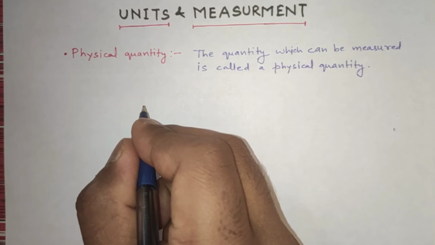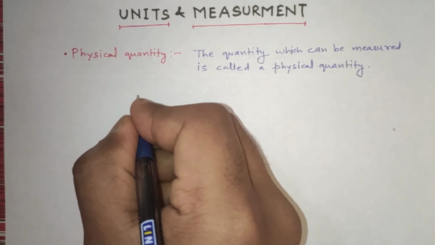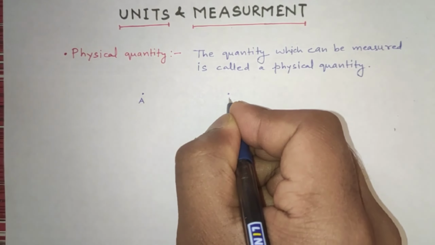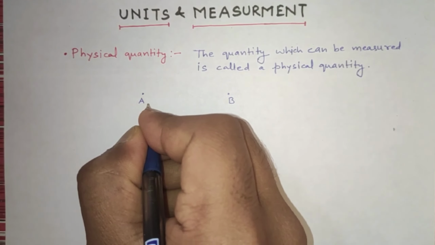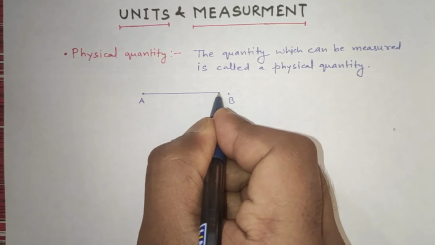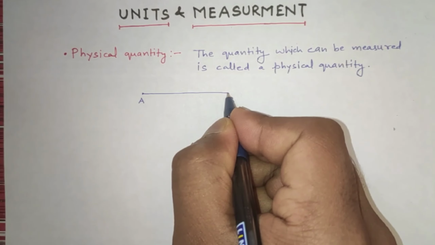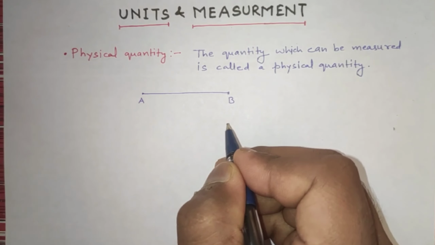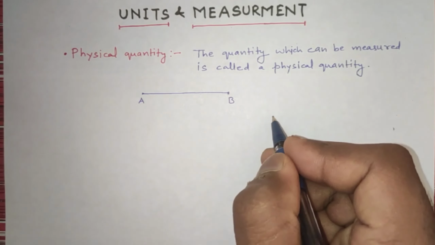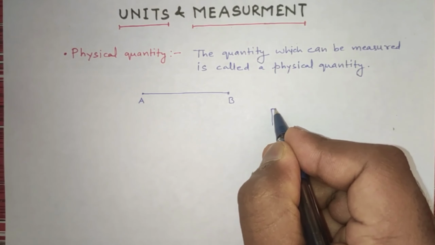Let us take the example of length. We consider 2 points A and B, and now we are going to find the length of the line AB. So how can we measure this length? We all have scales. Let us draw a scale here.